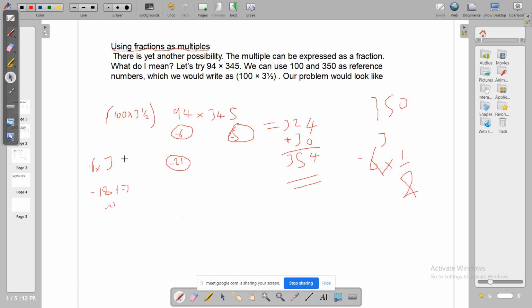Do you understand? Here is plus, plus minus 3. Okay, negative here, minus 3, which will give us 21.